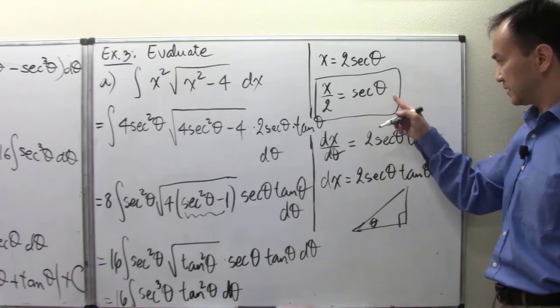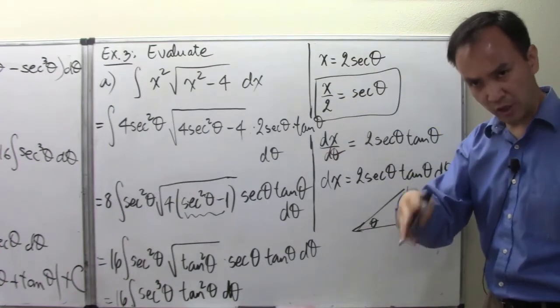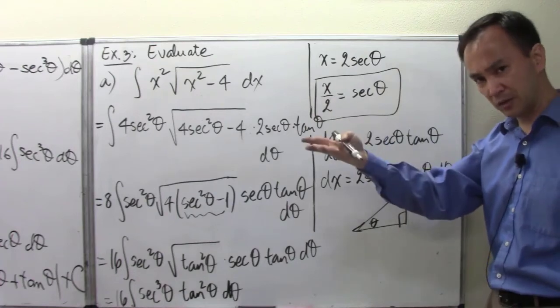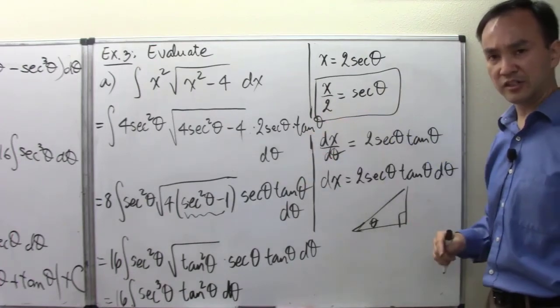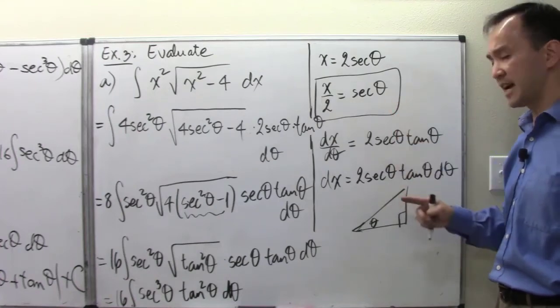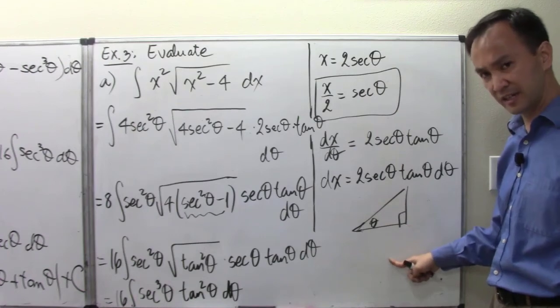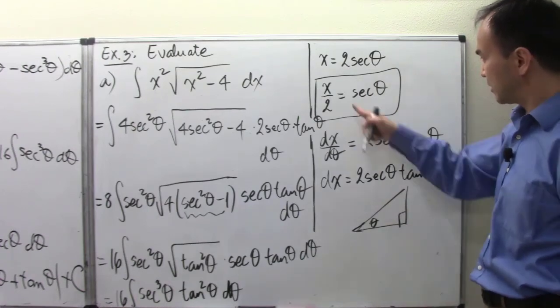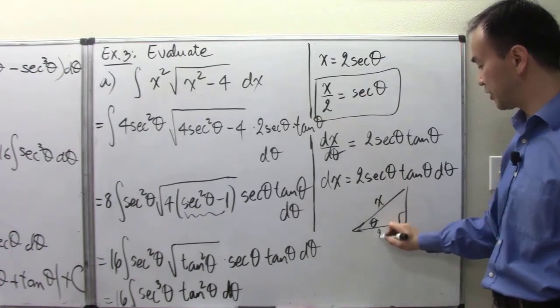Secant is the reciprocal of cosine, but cosine is adjacent over hypotenuse. So the reciprocal, secant, has to be hypotenuse over adjacent. Hypotenuse is here, adjacent is here. Hypotenuse over adjacent, that means x is here and 2 has to be down here.